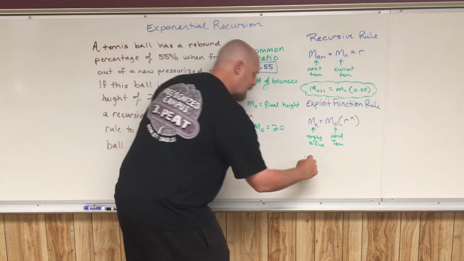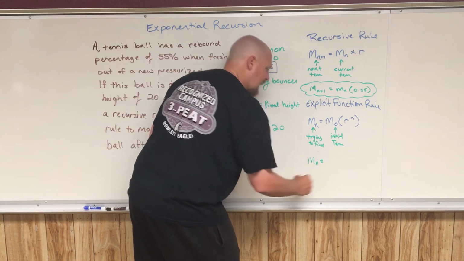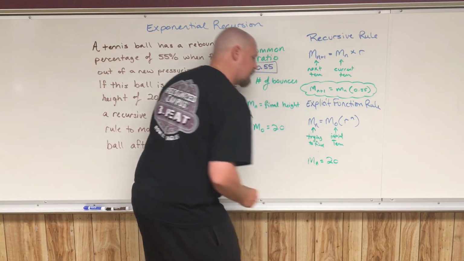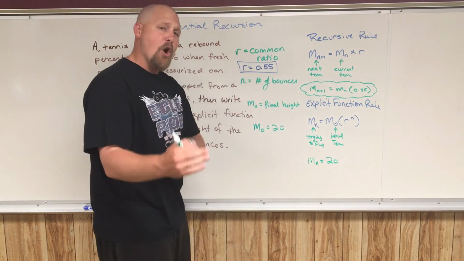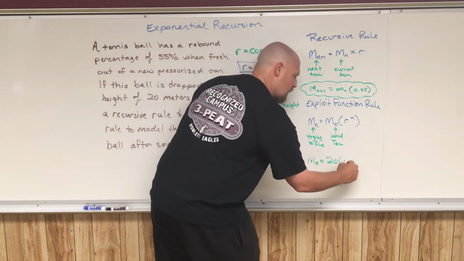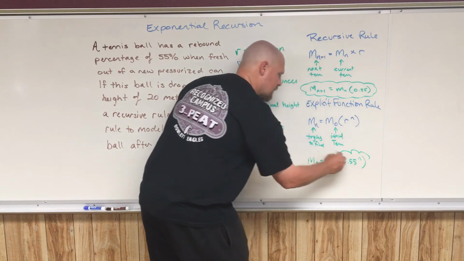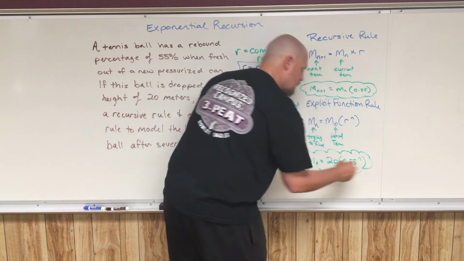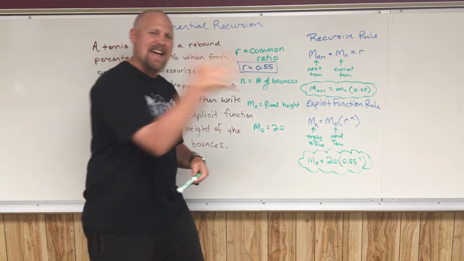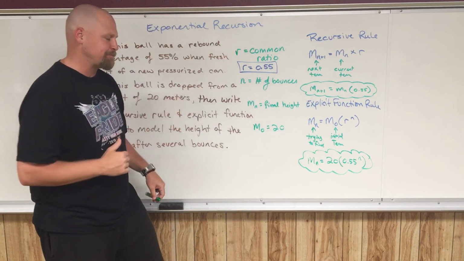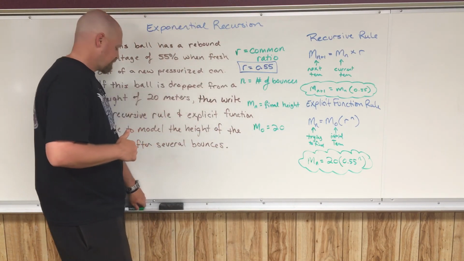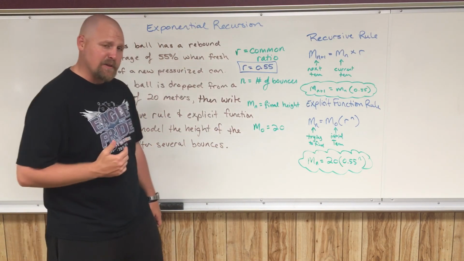So we're trying to find m sub n, and we know we start at 20 meters, and then we multiply that by our common ratio to the nth power. A power that tells us that's how many bounces it takes. And that is exponential recursion.